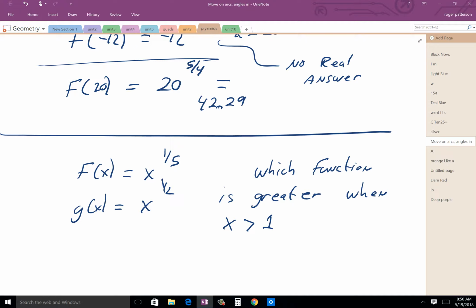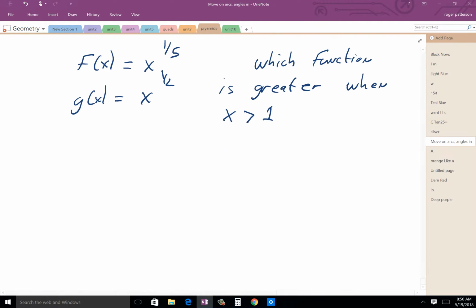The solving ones are the tricky ones, of all the stuff we do today. Solving. There we go.